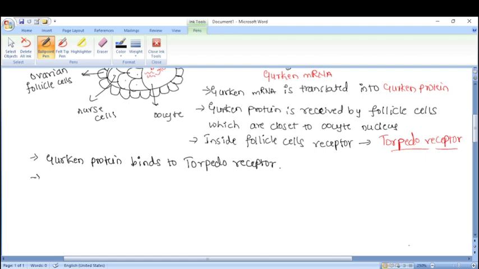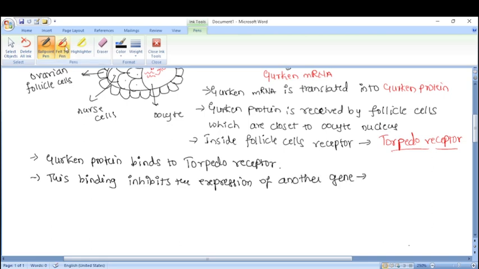This binding will inhibit the expression of another gene. That gene name is the pipe gene. Remember, expression of the pipe gene is inhibited by the binding of the gurken protein to the torpedo receptor.